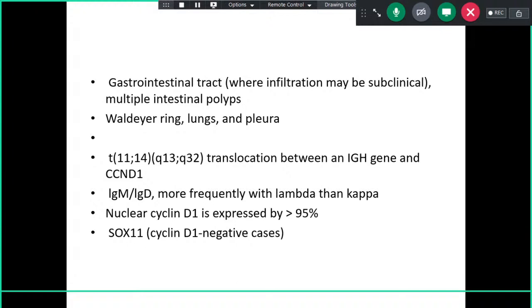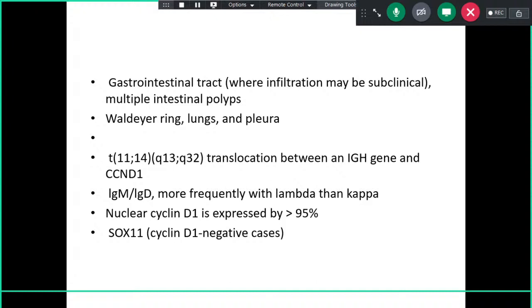Mostly lymph nodal, same as follicular. Extranodal can also present. Among all these indolent lymphomas, mantle cell lymphoma presents a little more as extranodal, mostly in the GI tract as multiple intestinal polyps. Other areas are Waldeyer's ring, lung, and pleura.